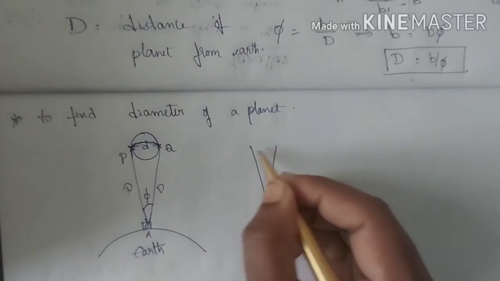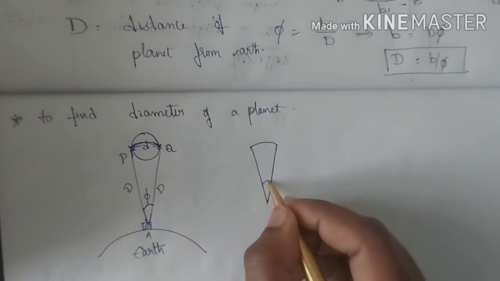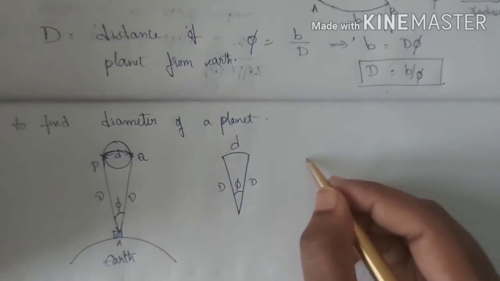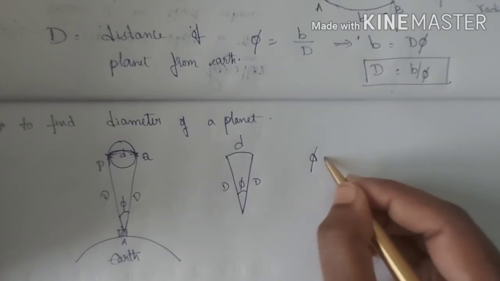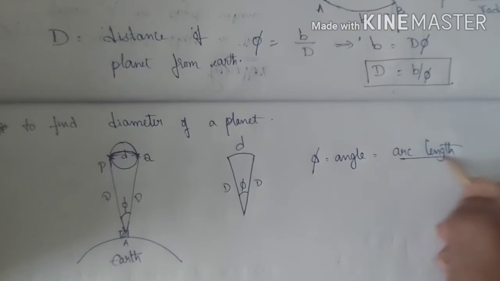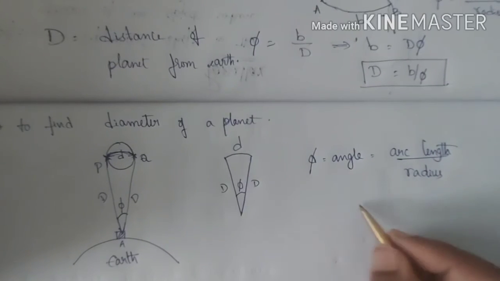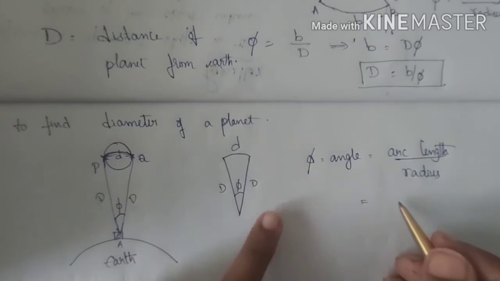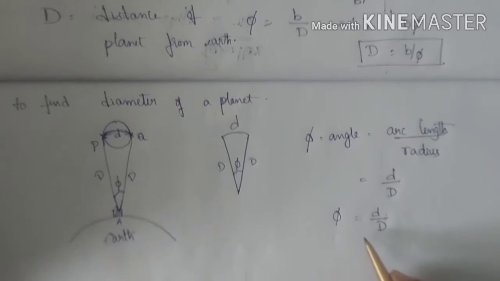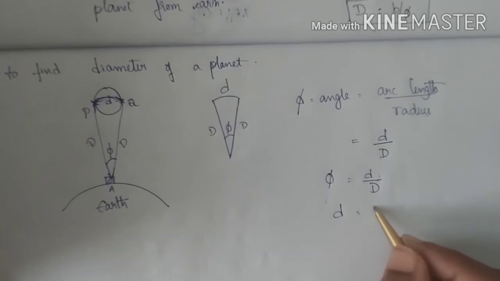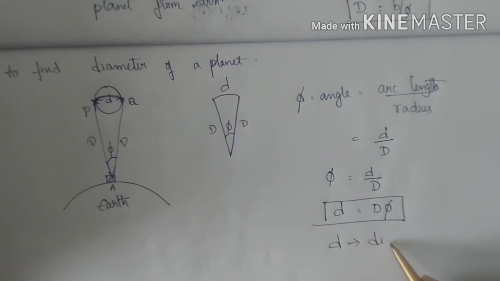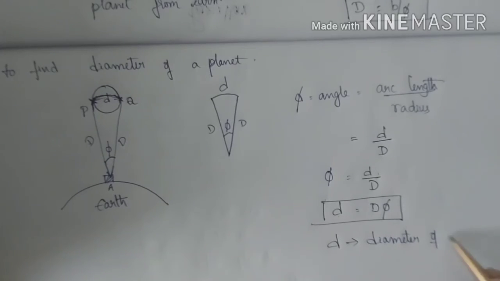Taking this as the concept of arc length, phi equals arc length upon radius. The arc length here is small d and the radius is capital D. So phi is equal to d upon D, whereas small d is equal to D into phi. This small d is the diameter of the planet.